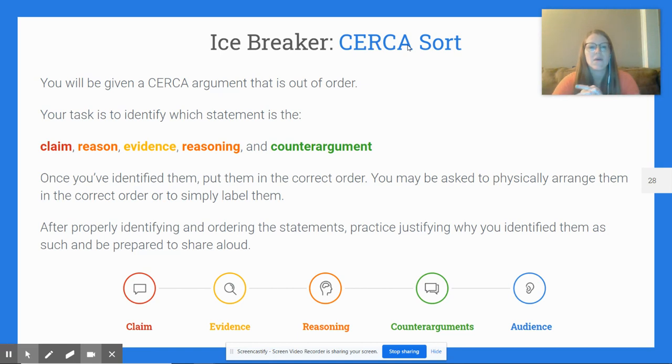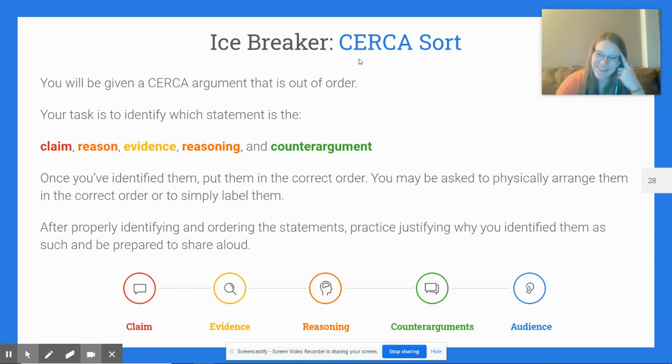Does that make sense? One thing I don't like, and there's always something I don't like, you all know that, one thing I don't like about this, well, not the activity, but CERCA itself, is that they throw in reason and reasoning. If you're trying to have a student remember, hey, this is what I need to do, then really it should be like CROCA or something.